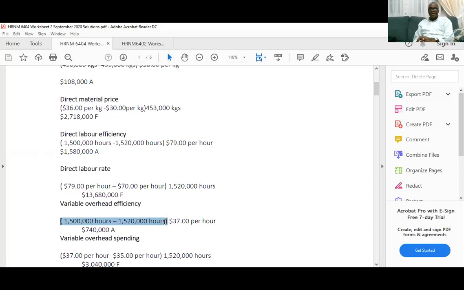Don't you see the same thing in the bracket for direct labor efficiency and variable overhead efficiency?